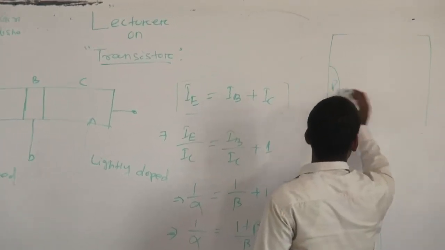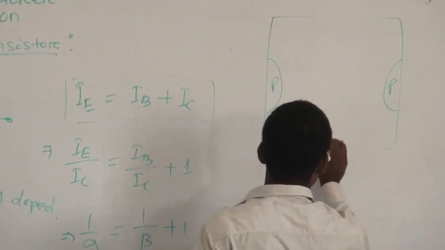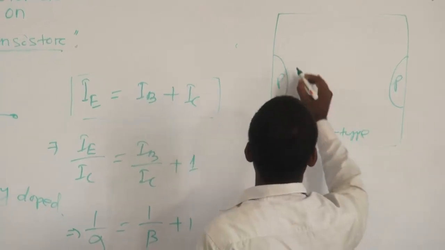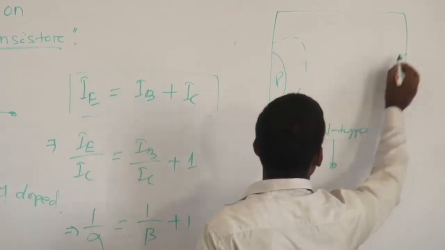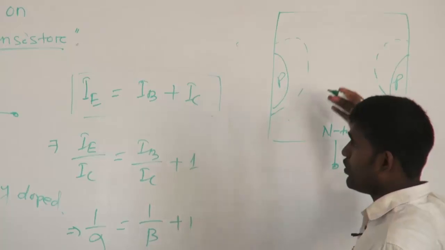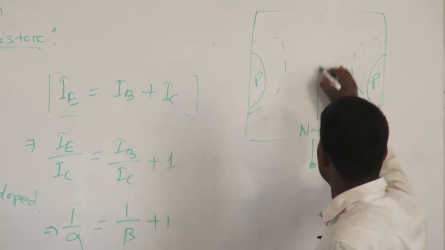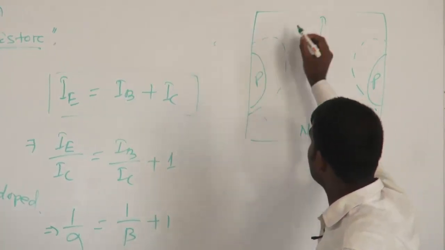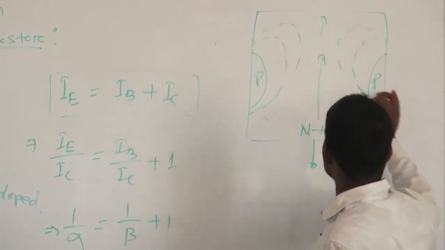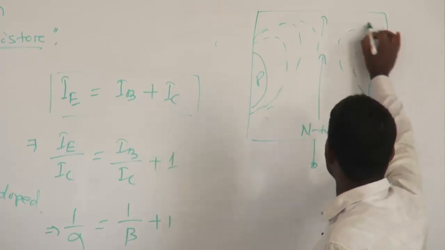If this is P and this is N type at the base, then this is the depletion region. If you increase it more and more, this is the channel part. If you increase the VDS value more and more, it will increase in this way.